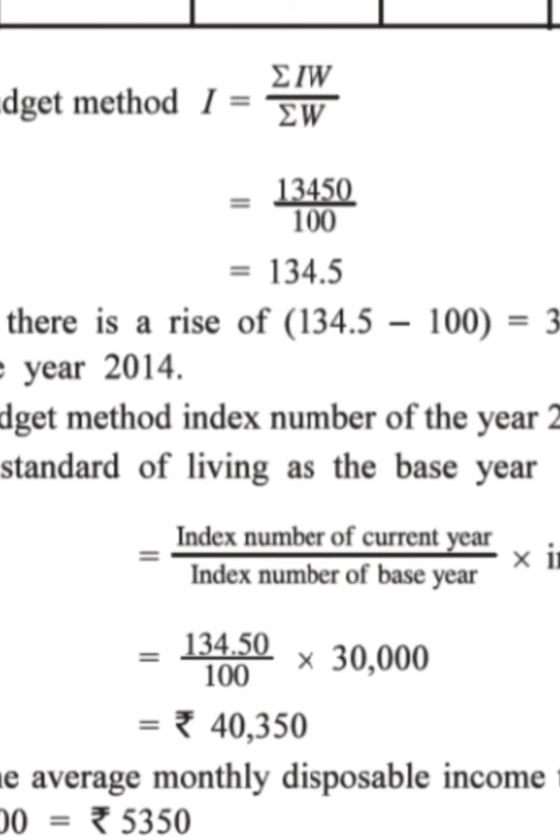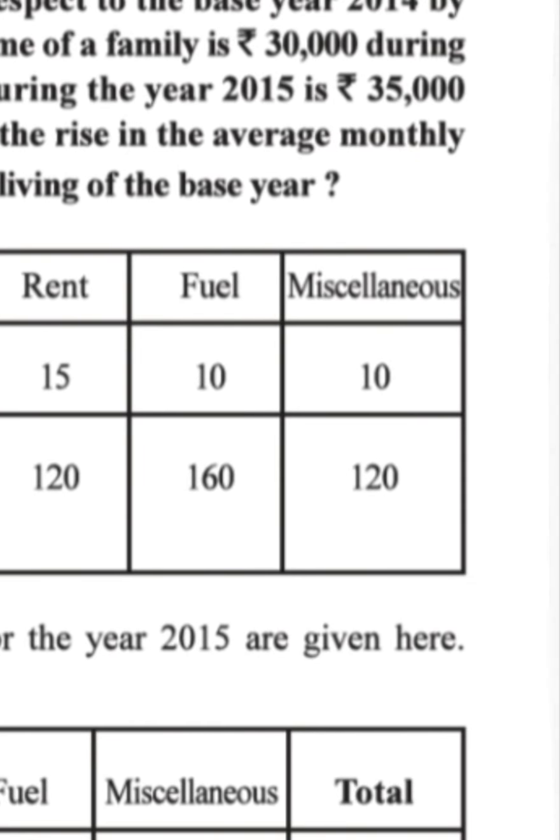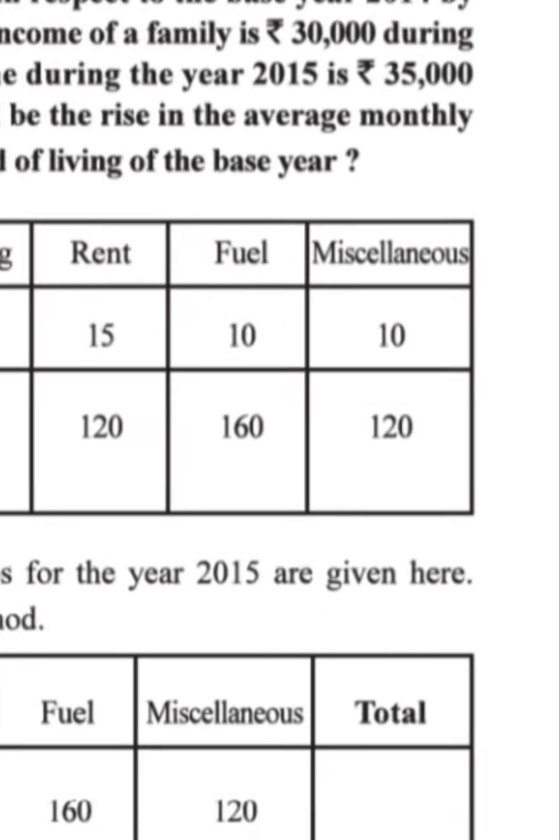Now you would find that actually in 2015 his income should be 40,350, but we found in the question that the average disposable income of the family was 35,000 in 2015, right?